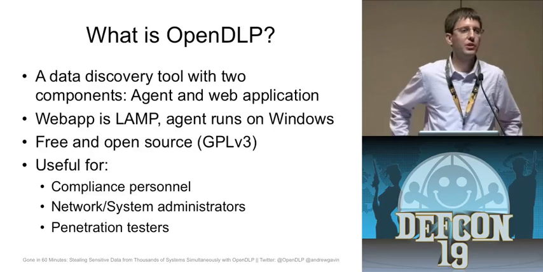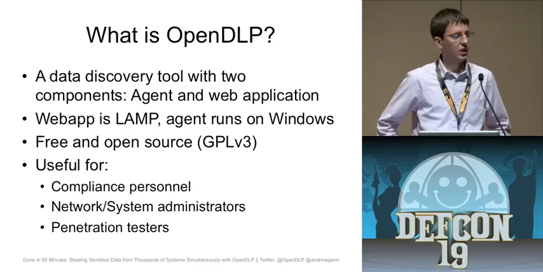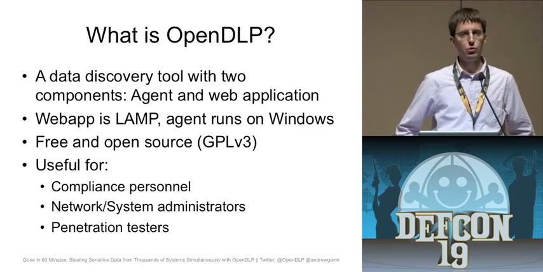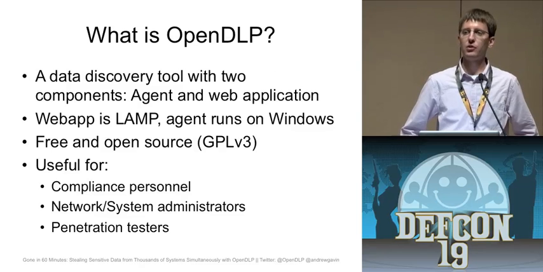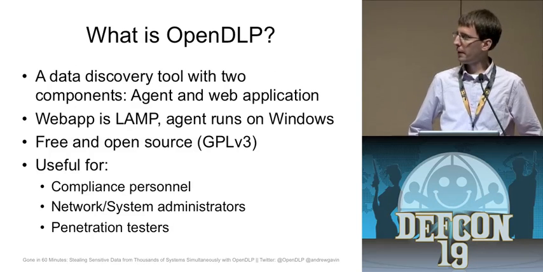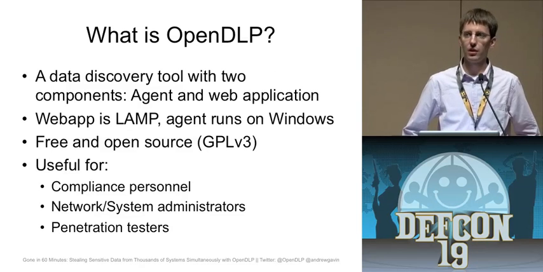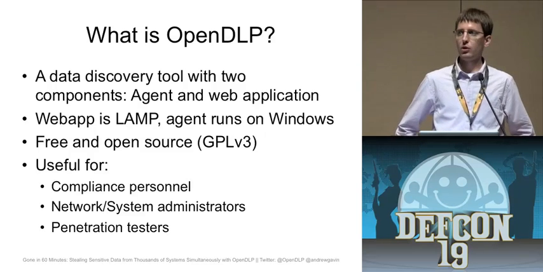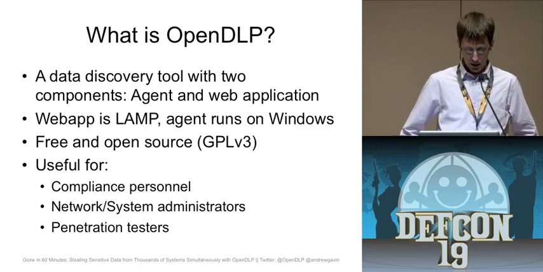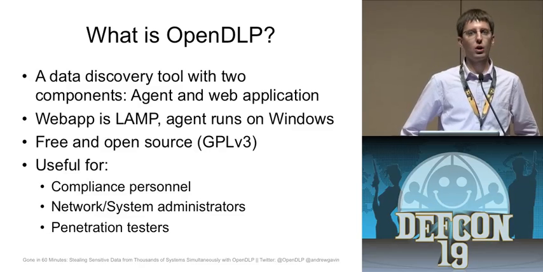So, what is OpenDLP? For those of you who don't know, it is a data discovery tool, and there are 2 components to it. There's a web app that controls everything, and that's on the LAMP stack, so Apache, MySQL, and Perl. And then there's a Windows agent that runs on, obviously, Microsoft Windows. It's open source, released under the GPL version 3, and it is useful for compliance people.